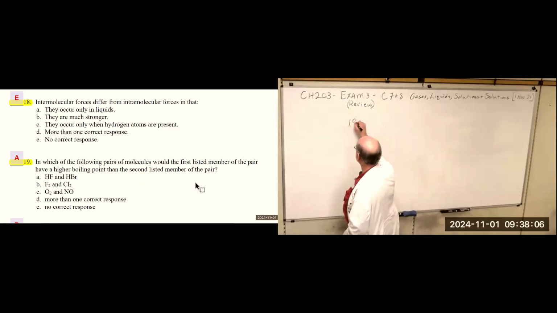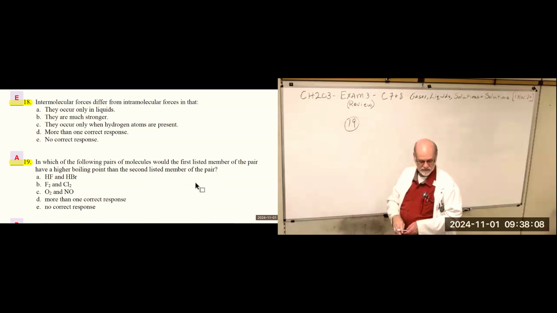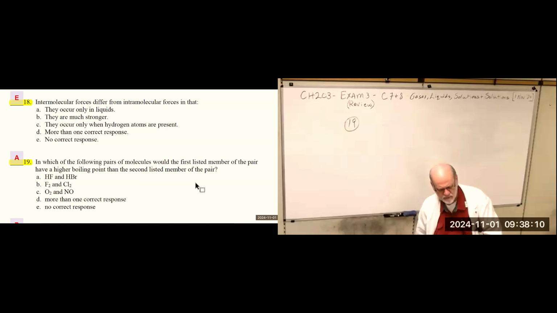Going to 19. All right. In which of the following pairs of molecules would the first listed member of the pair have a higher boiling point than the second listed member of the pair? So we're thinking about which ones would have, the first one in the pair would have the stronger intermolecular forces.